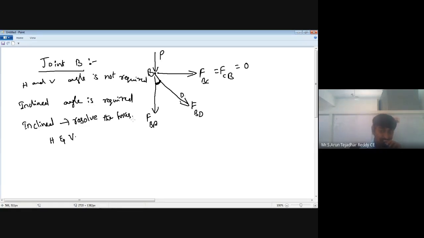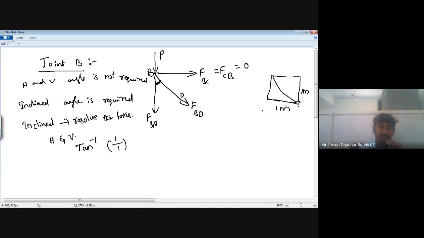First, you need to check the dimensions of the given truss. Your dimension of the given truss is here 1 meter, here 1 meter. It means base is 1 meter, height is 1 meter. So if base and height are both equal, then simply apply tan inverse of 1 meter by 1 meter.